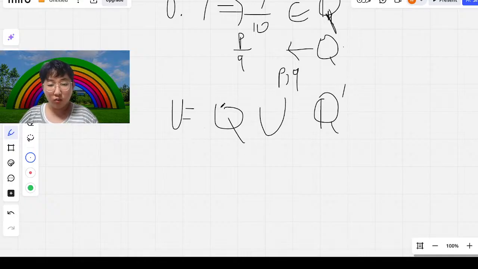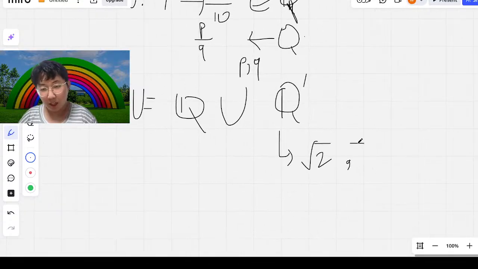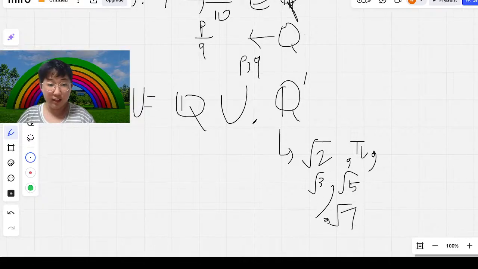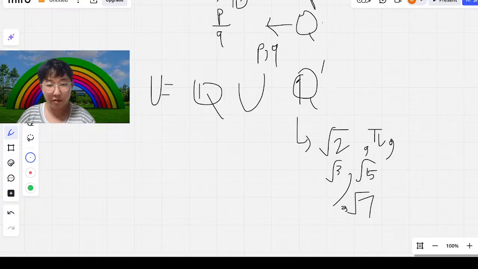Q prime is basically all irrational numbers, which would include root 2 or something like pi, or root 3 or root 5. Basically any square root that is not a square, any cube root that is not a cube, so let's say the cube root of 7, and any of these kinds of numbers will be irrational numbers.